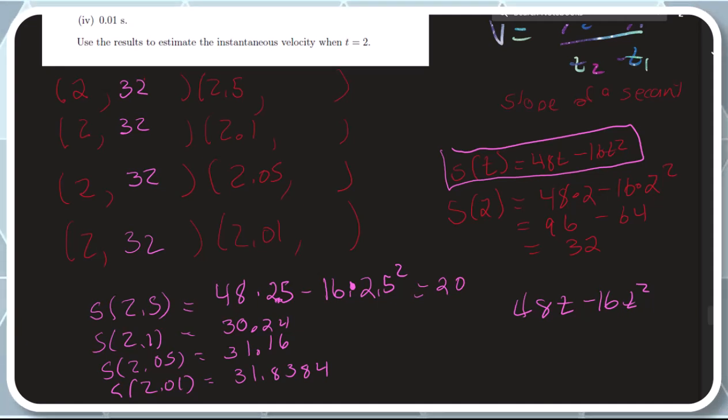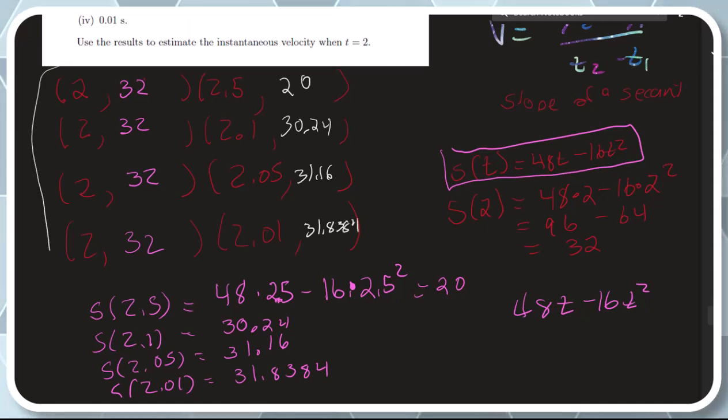So now we know that at 2.5 it's at 20, at 2.1 it's at 30.24, at 2.05 it's at 31.16, and at 2.01 it's at 31.8384. So now we just need to find these four slopes.